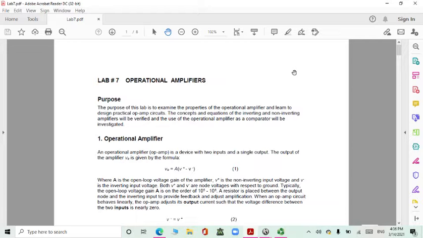Op-amp is a versatile circuit building block, acts like a voltage-controlled voltage source. In combination with other elements, it can be made into other dependent sources like voltage or current controlled current source.